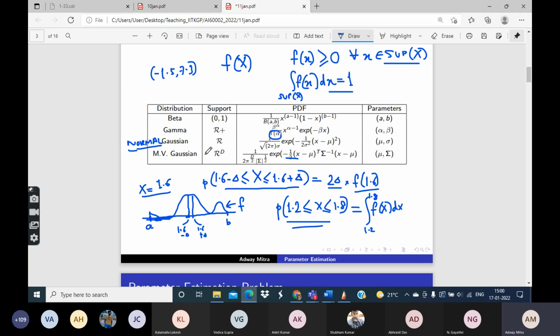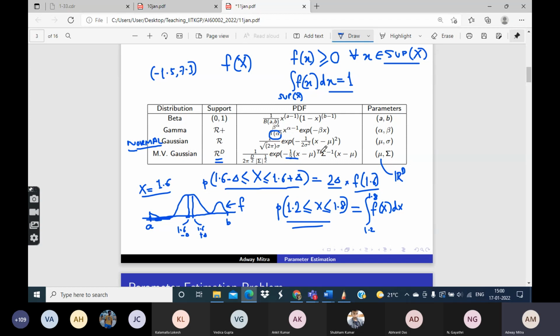Its support set is Rd, that is the d-dimensional real space, and we are doing this operation x minus mu. So if x, that is the measurement, is a d-dimensional real number, then obviously the mu will also have to be a d-dimensional real number, otherwise we cannot carry out this operation.